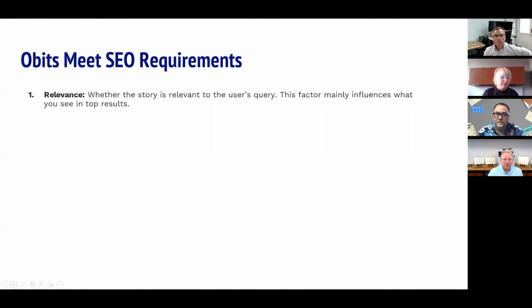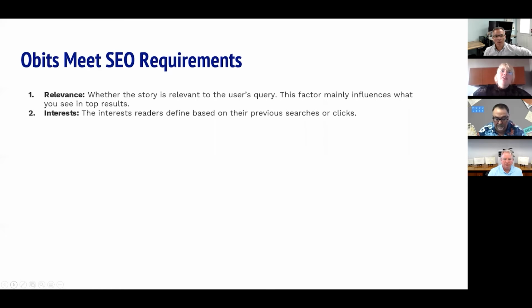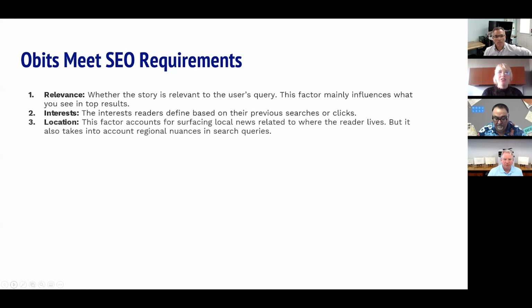Number two, interest: defined based on the reader's previous searches or clicks. Number three, location: the factor accounts for surfacing local news related to where the reader lives. So obviously when city of residence is required, this improves the overall site's SEO.